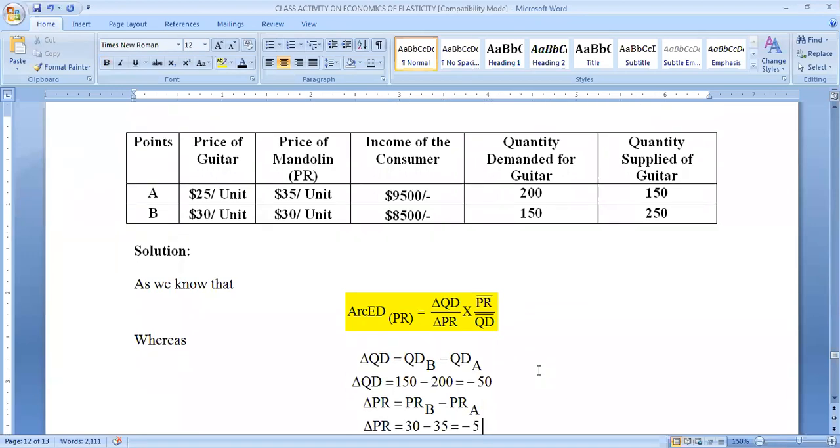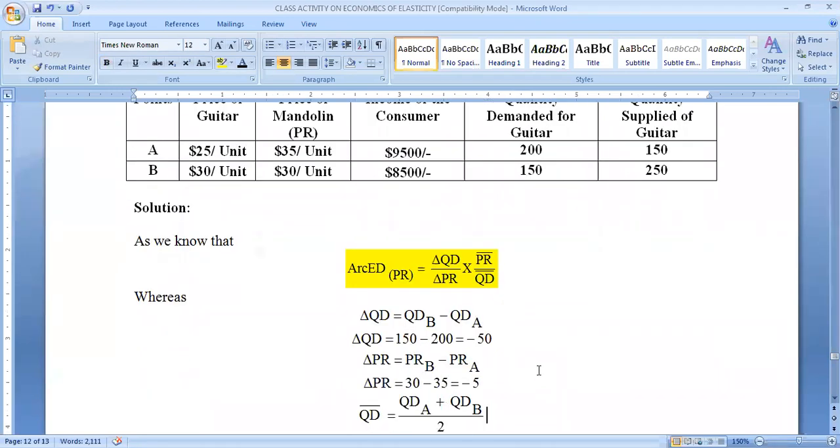Firstly, we will find out the first component of the formula, which is delta QD. It is QD at point B minus QD at point A. QD at point B is given 150 and QD at point A is given 200. So 150 minus 200 equals minus 50. So delta QD is equal to minus 50. It is the first component of the formula.